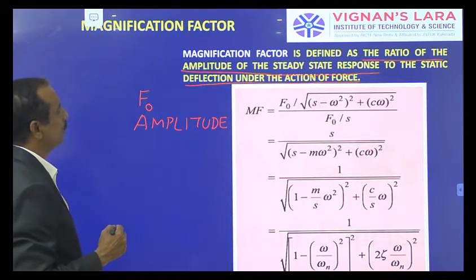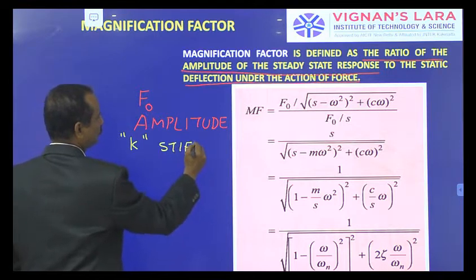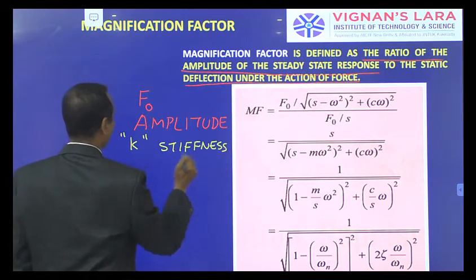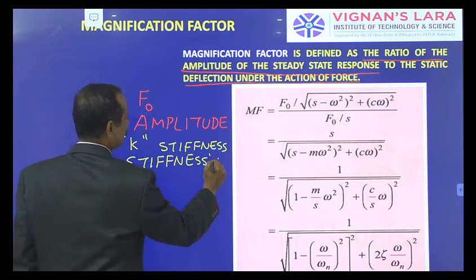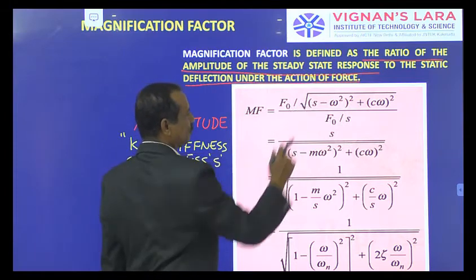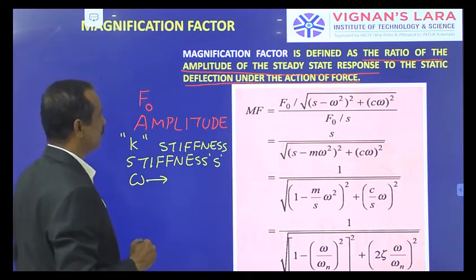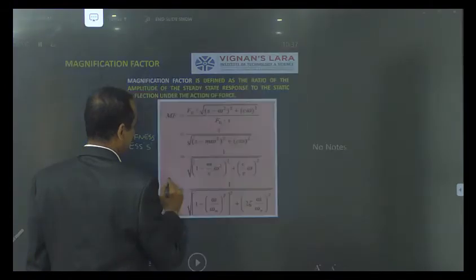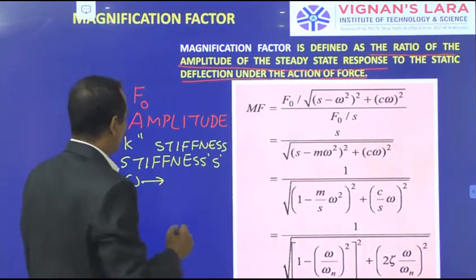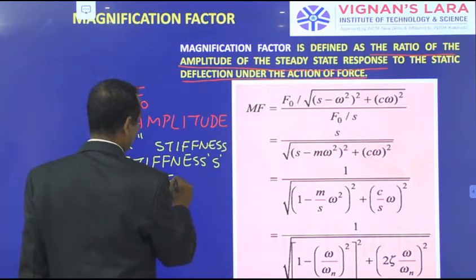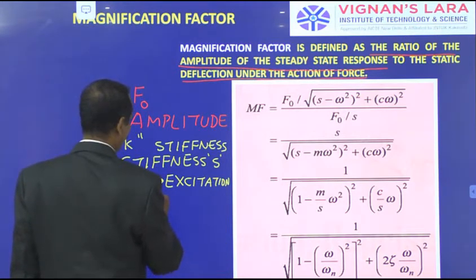Earlier I used K for stiffness, and here I have written the same stiffness as S. So stiffness is represented by S. Omega is the excitation frequency, that is the external frequency or applied frequency.